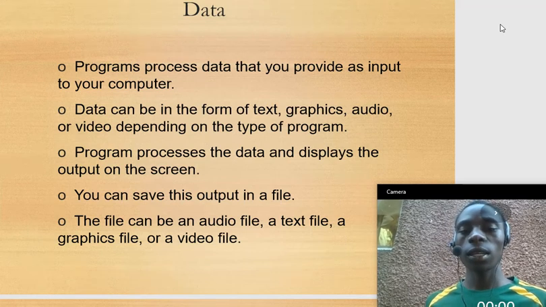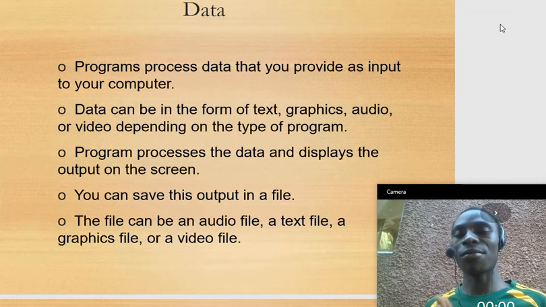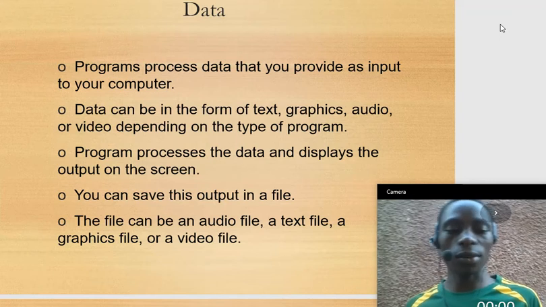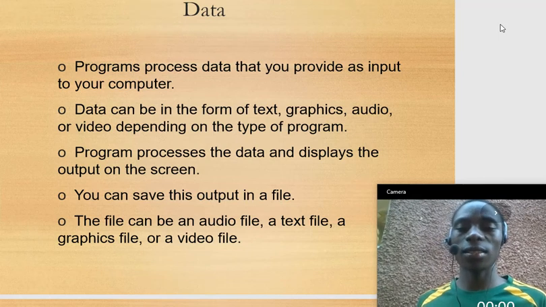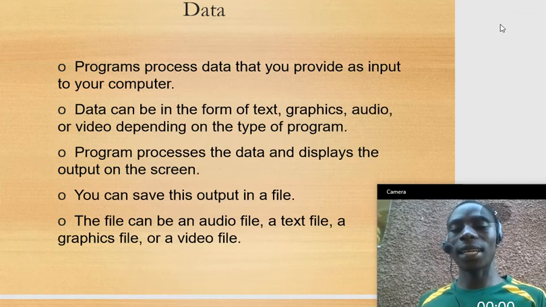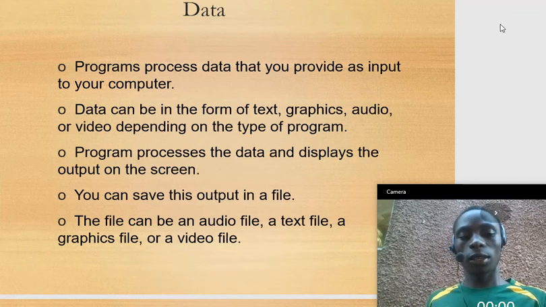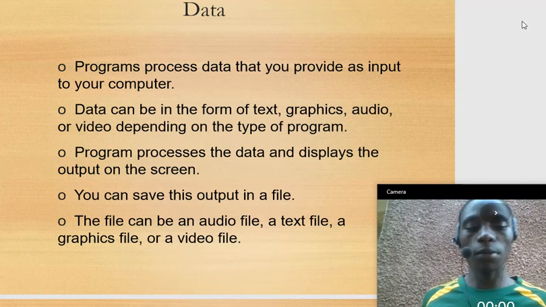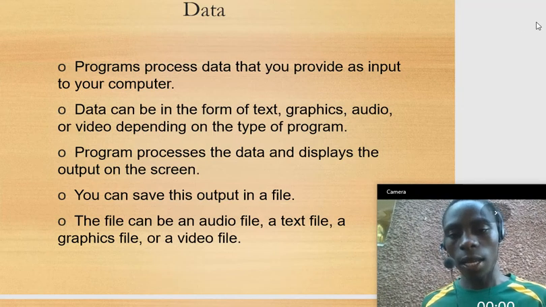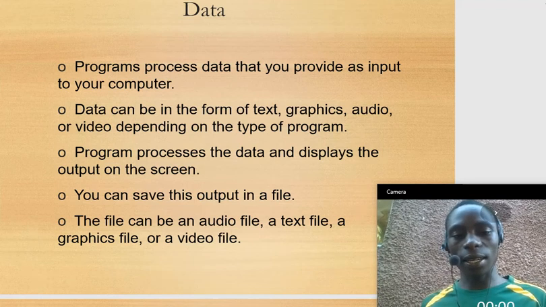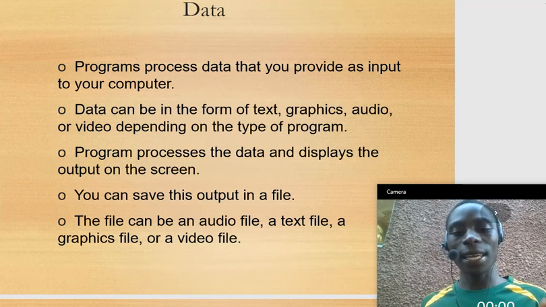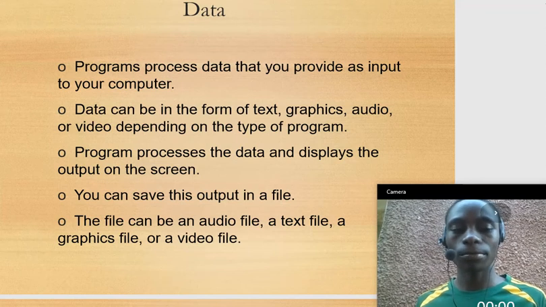Okay, so look at Mozilla Firefox. They are internet browsers, Mozilla Firefox, Opera, and others. Google Chrome, they need data, a specific kind of data that you input so that it gives you output. It is a program, right? So programs process data and display the output on the screen.